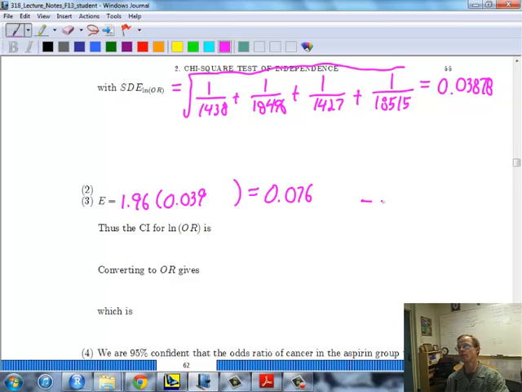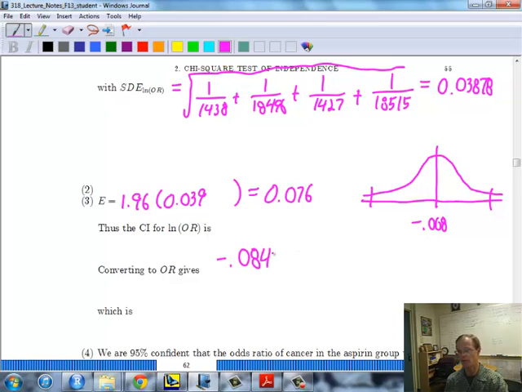So the confidence interval, sketching the diagram, is going to be centered at minus 0.008, and we're going to add and subtract this margin of error, which gives us minus 0.084 to positive 0.068.